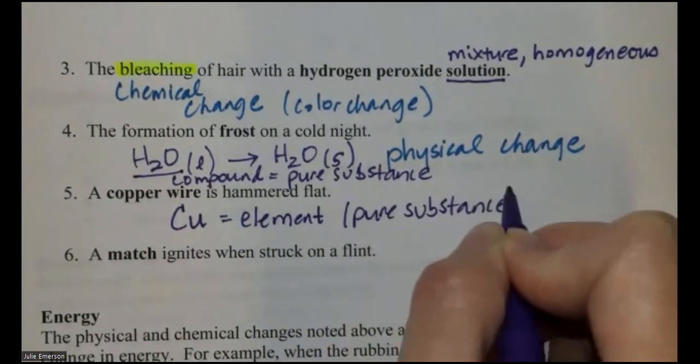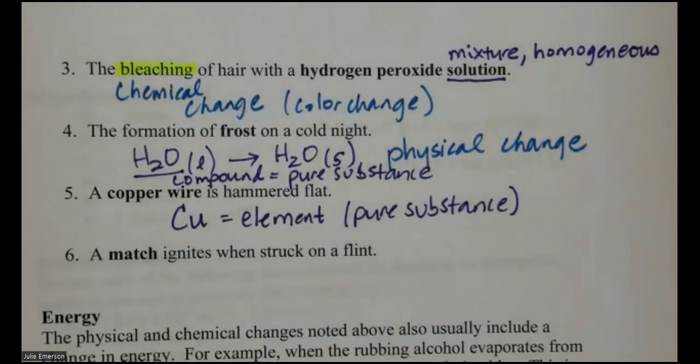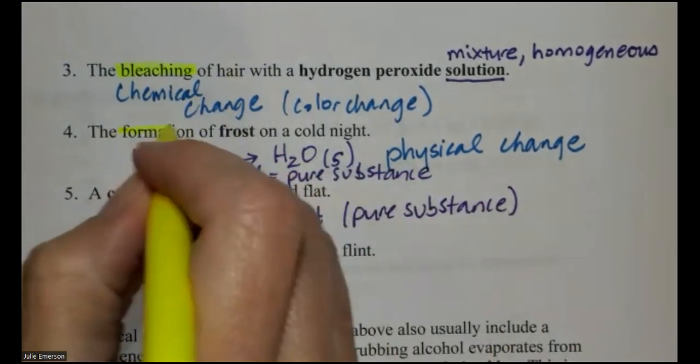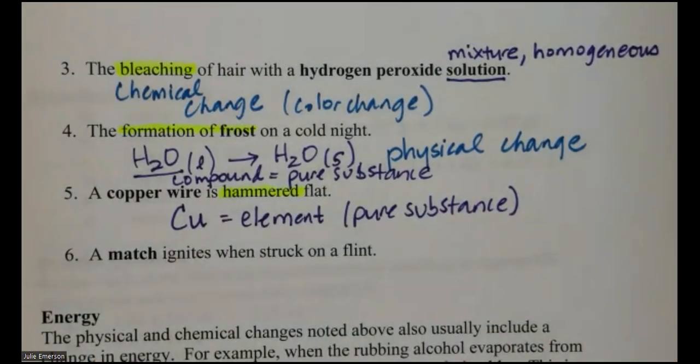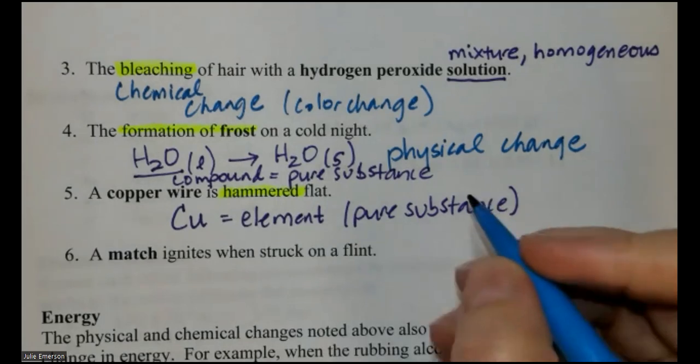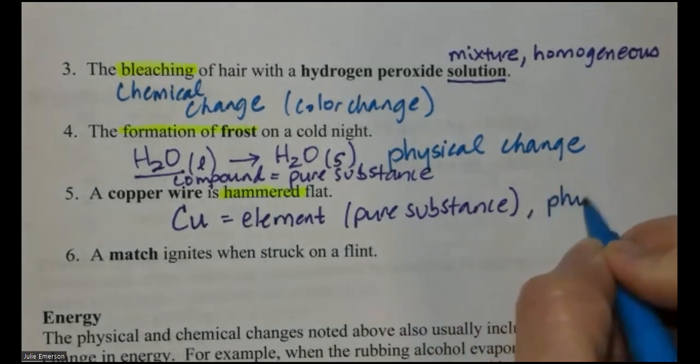And if it is hammered, right, we're not changing the fact that it's copper. We're just changing the appearance of it. It's still copper, but now we took it from whatever shape it was into a flat shape. So a change in shape, as long as we're not changing the chemical structure, which we're not, it's still copper, then this is just going to be a physical change.